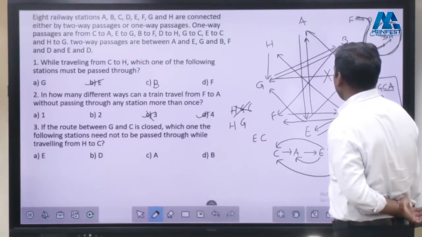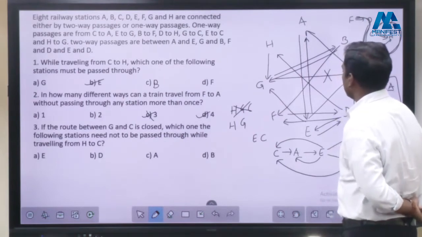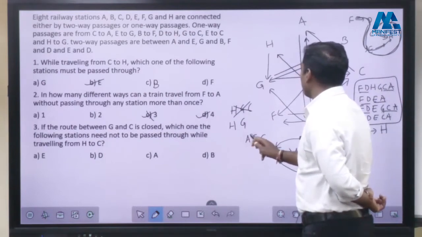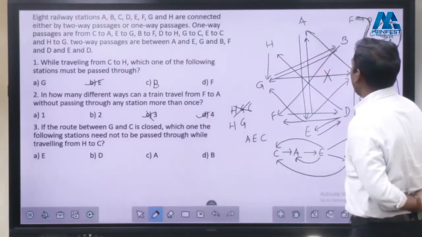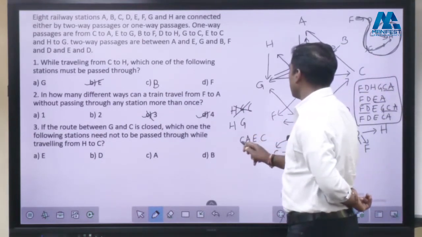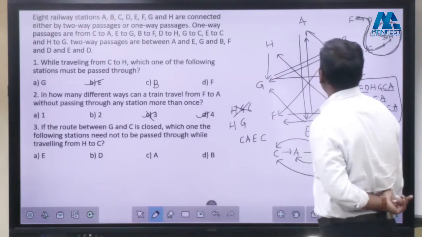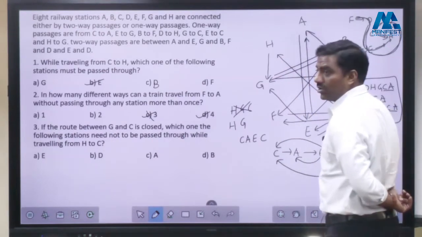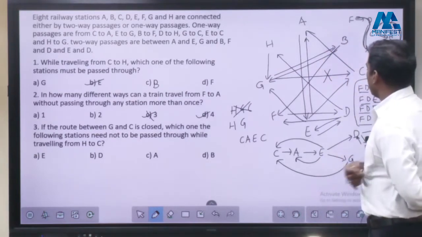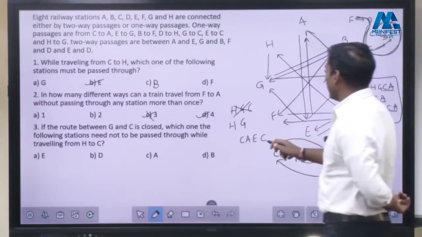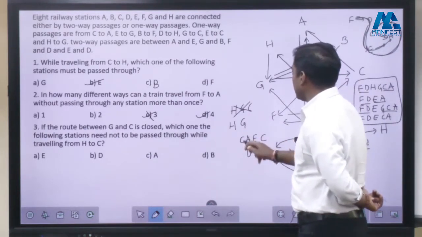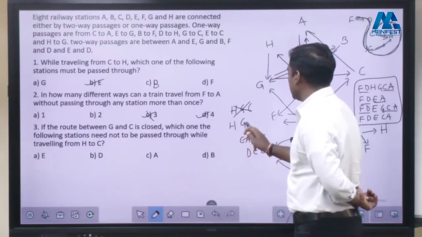So is there any chance between G and E? For E, the input is only from A. For A, the input is from C also, B also. For E, D, right? So the GC route is cut, so this is not possible.